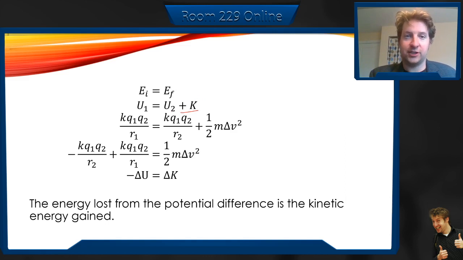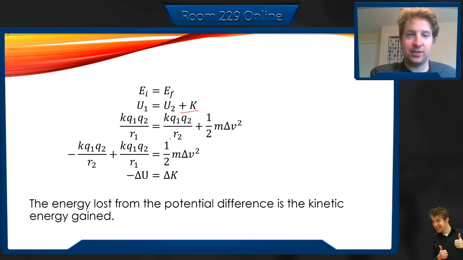Remember, we can't just have energy disappear, so we have to apply conservation of energy. So the initial energy, U1, is going to be equal to U2 plus this new kinetic energy. Now if I replace the potential with my expression for potential energy between two charges, notice it's over r, not r squared. That'll be the force.